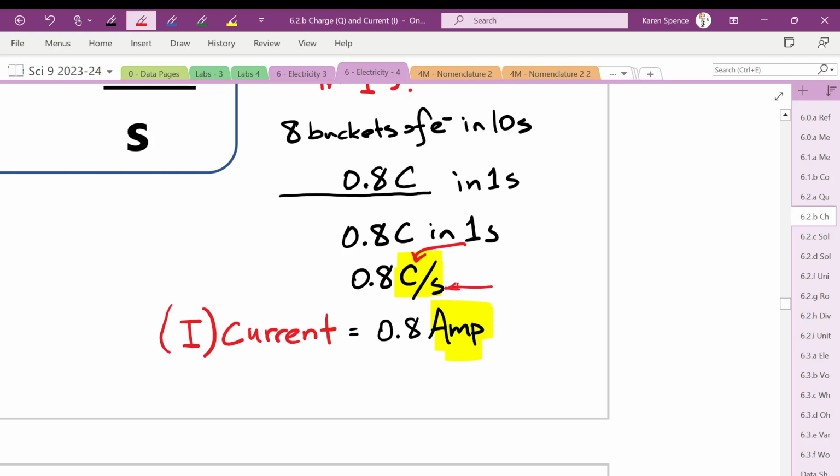Seconds. What do coulombs measure? Coulombs measure the buckets, buckets of electrons. What are buckets of electrons measuring? The amount of charge. So coulombs measure charge.